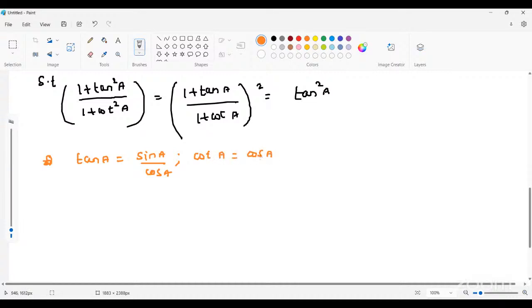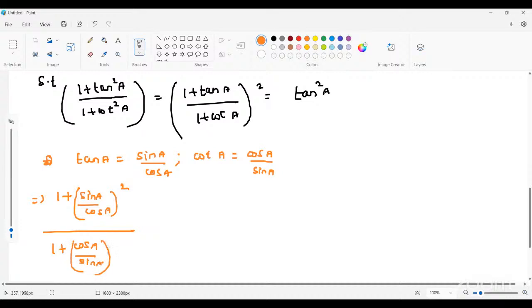Cos A by sin A. So now let us replace this. What is tan squared A? Sin square A by cos square A. You can write it as sin A by cos A the whole square by 1 plus cos A by sin A the whole square.